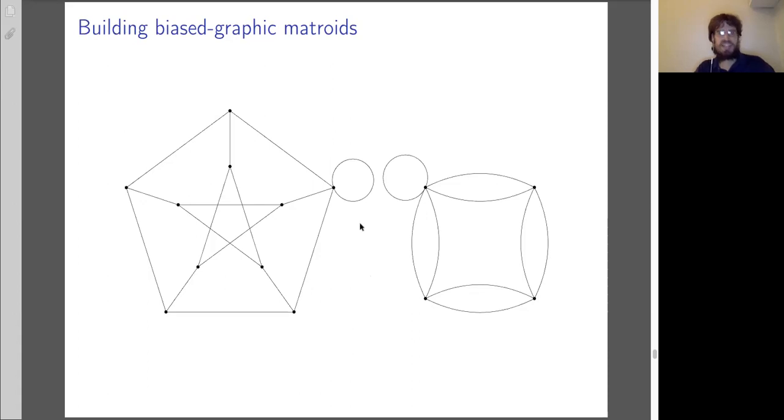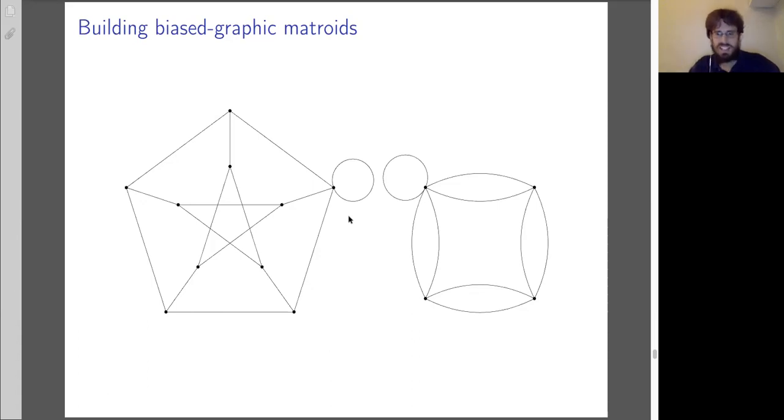Okay, but actually the presence of these loops turns out to be really restrictive. So we can check fairly quickly that if you have a quasi-graphic matroid on a biased graph with an unbalanced loop, then it has to be either a lifted graphic matroid or a frame matroid.